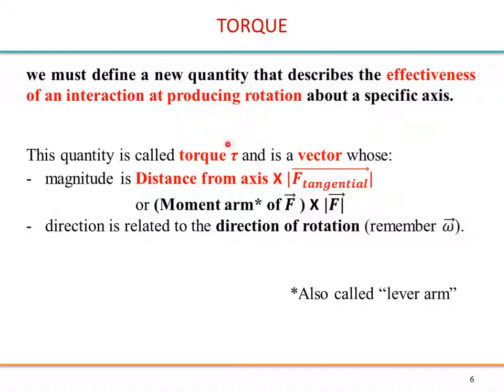The vector has also a direction, and this direction is related to the direction of rotation. Remember, we defined omega as a vector in our previous lecture, and the sign depended on whether the rotation was clockwise or counterclockwise. So it will be the same for the direction of the torque.